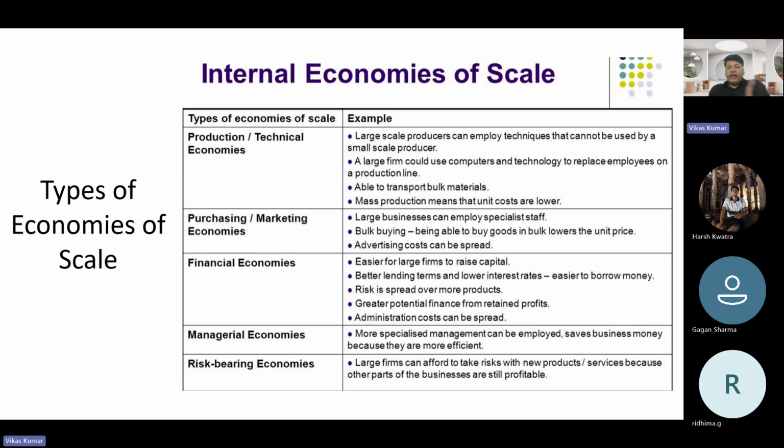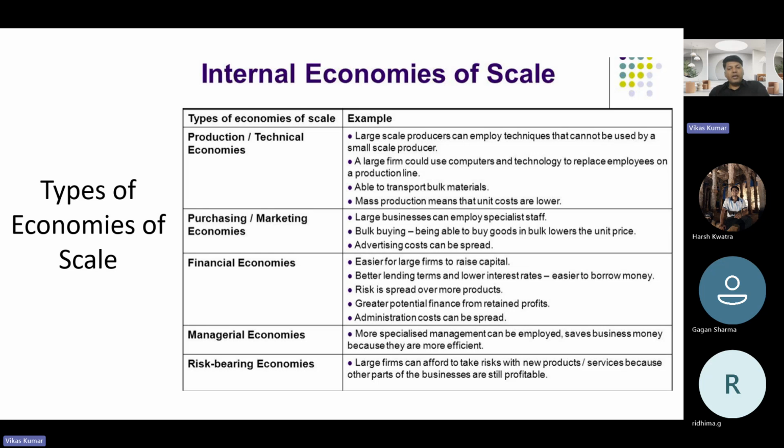So when it comes to big, profitable firms, where revenue is very good, they are able to raise capital. This leads to financial economies: better lending terms and lower interest rates, and it is much easier to borrow money from multiple banks or multiple investors. Risk is spread over more products because of the financial economies.